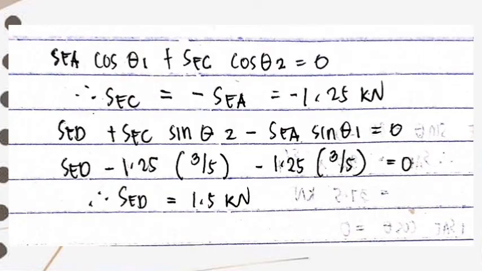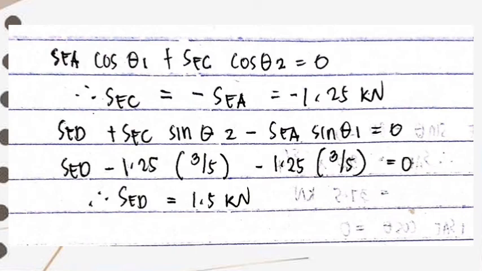So the SEA cos theta 1 plus the SEC cos theta 2 is equal to 0. Therefore, the SEC is equal to negative SEA, so it is equal to negative 1.25 kN. The SED plus SEC sin theta 2 minus SEA sin theta 1 is equal to 0.